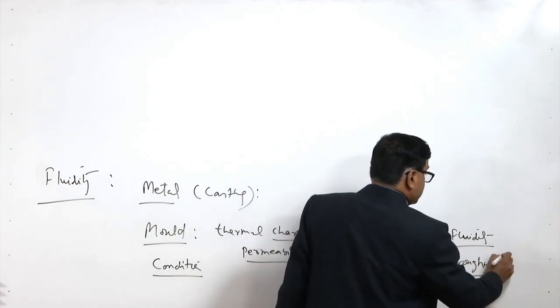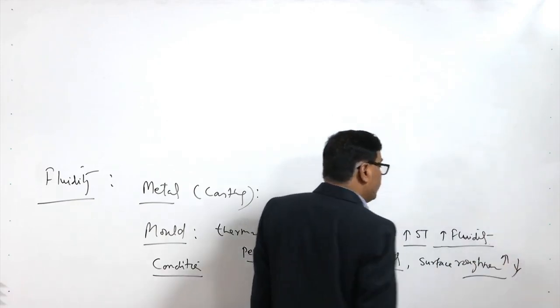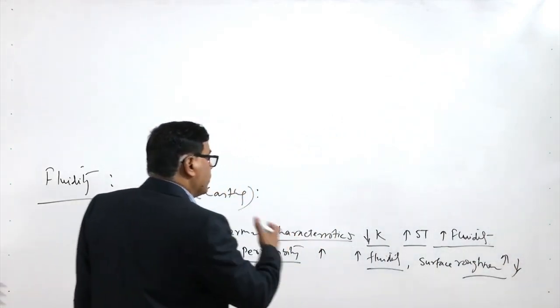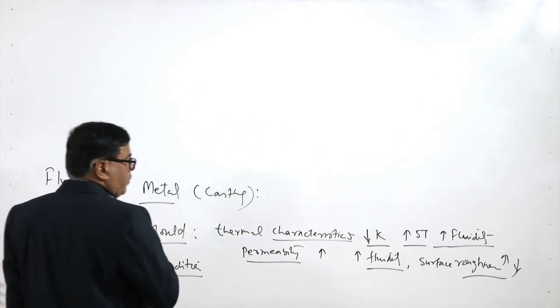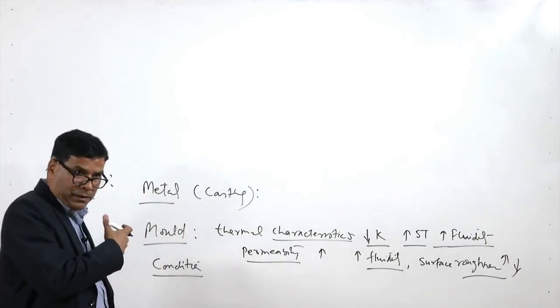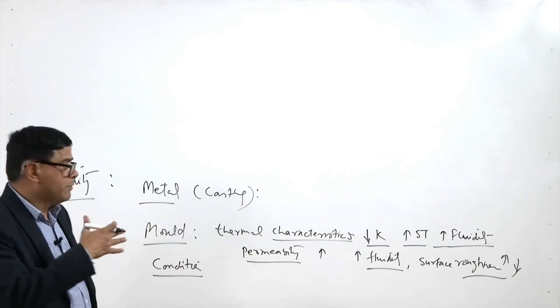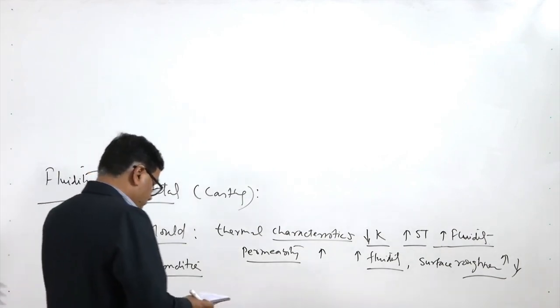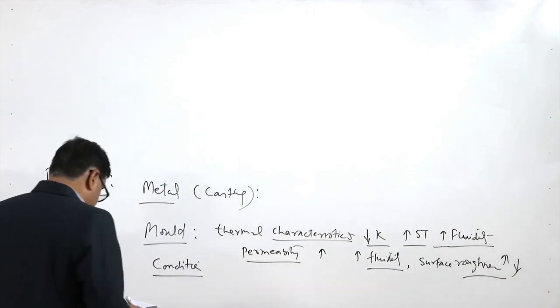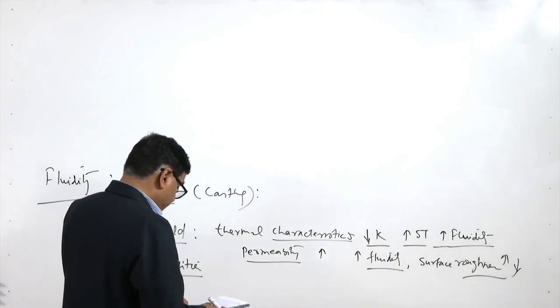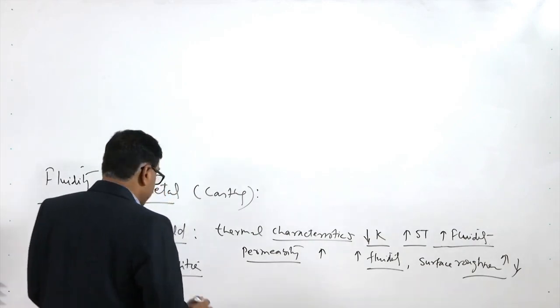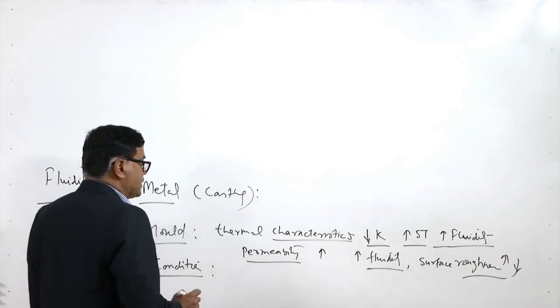So, greater is the surface roughness, lower will be the fluidity, or lower will be the distance up to which molten metal will be able to flow before the solidification completes.